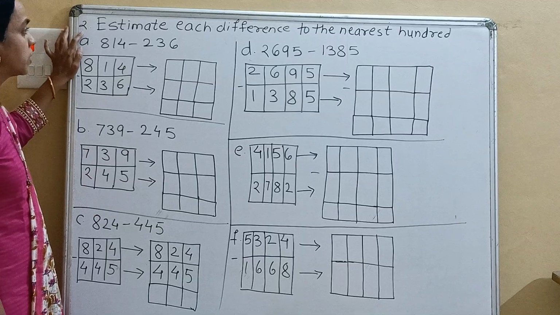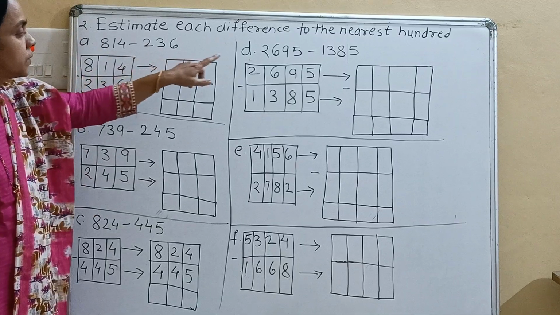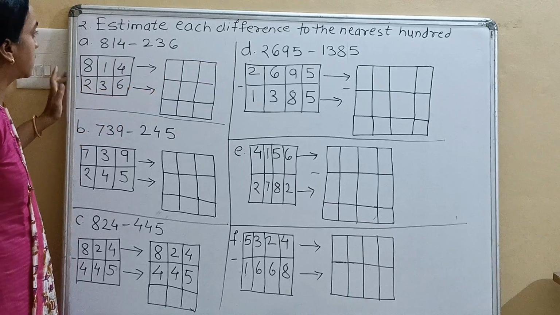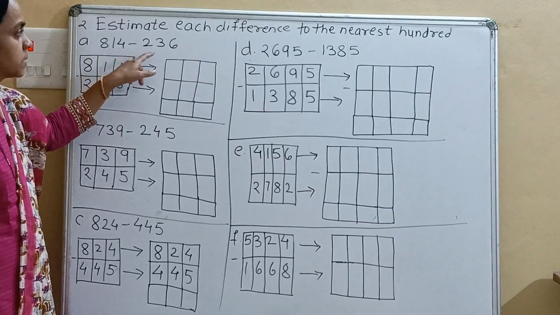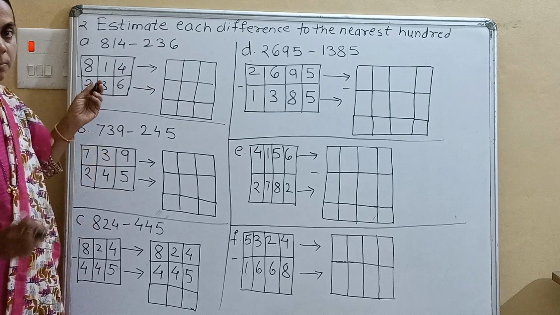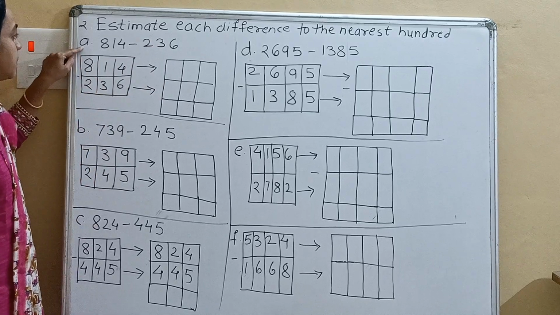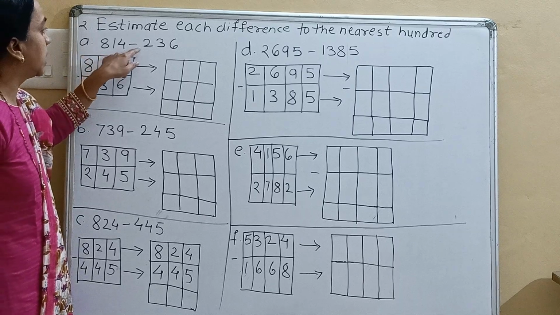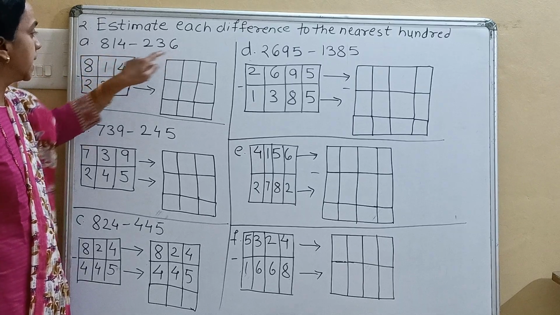Now see second question. Estimate each difference to the nearest 100. We have to do estimation here, to the nearest 100. So we will see one by one. First example, 814 minus 236.